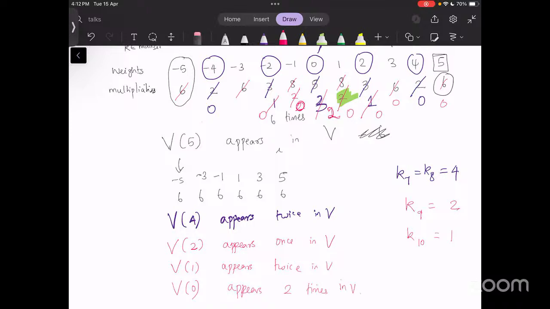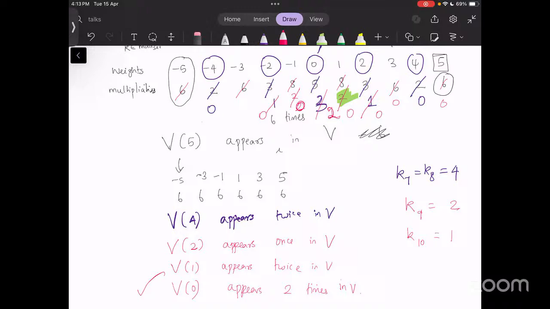Now let's see what the question is. The options are: the multiplicity of V0 in V is 2. The multiplicity of V3 in V is 1, but there is no V3 here, right? So option B is false.